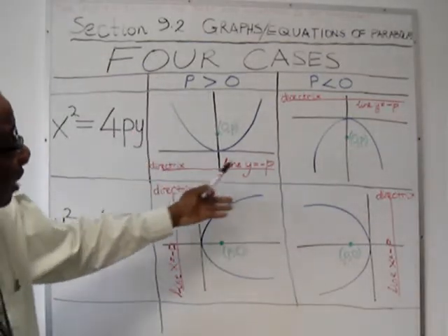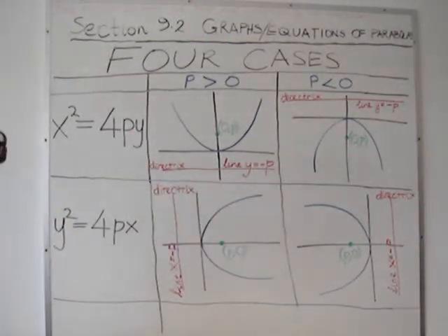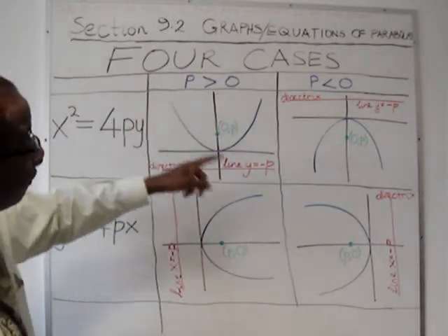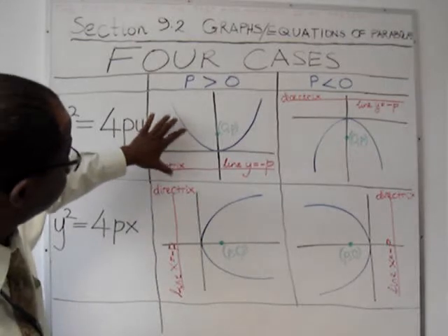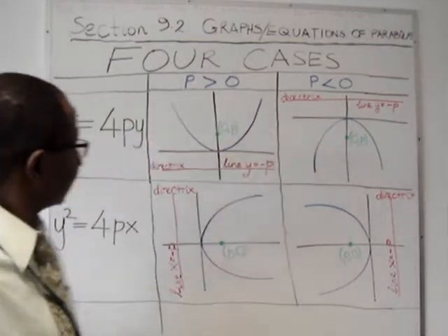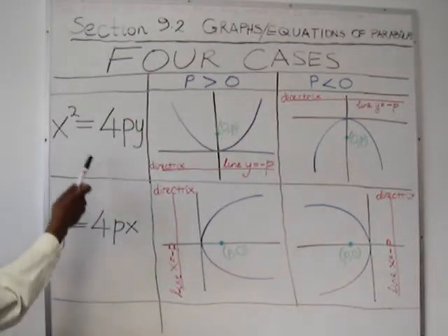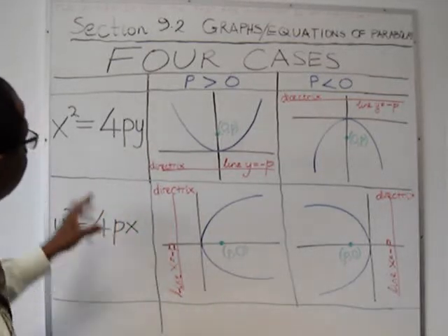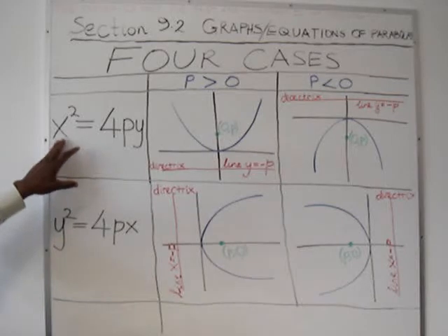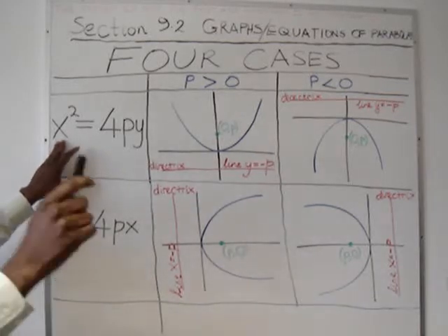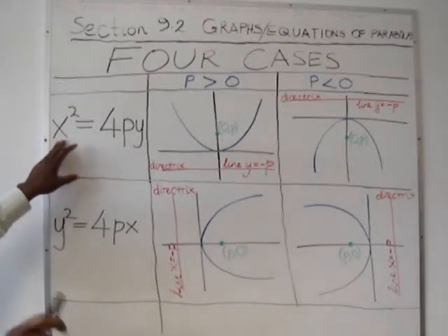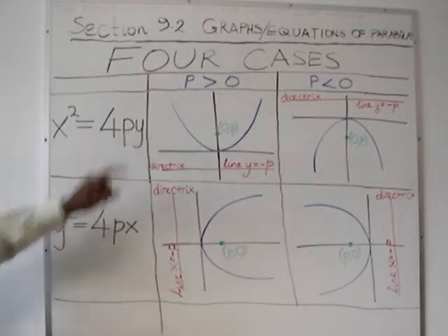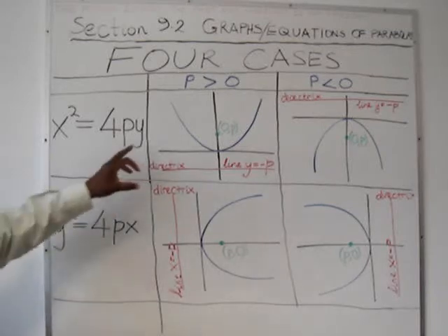And then I've now shown how those will look graphically. You should be able to figure this out yourself by now. In fact, in the last clip, I did both this and that. So the case where x squared is 4py, I've told you many times today, you look at which variable, whether negative or positive, will not by itself affect the value of the other variable.